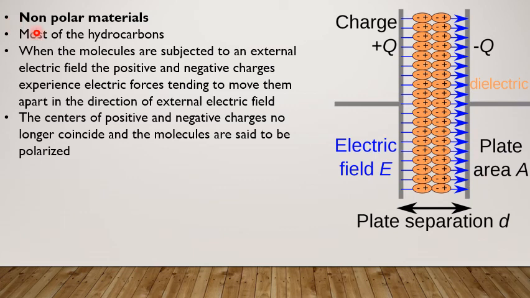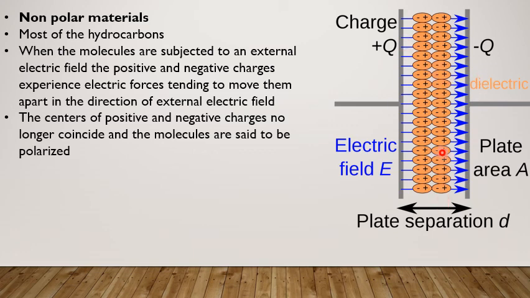Non-polar materials, like hydrocarbons, are examples of non-polar materials. When the molecules are subjected to an external electric field, the positive and negative charges experience electric forces tending to move apart in the direction of the external field. So in non-polar materials, an induced dipole is produced, with the negative side towards the positive plate and the positive side towards the negative plate.